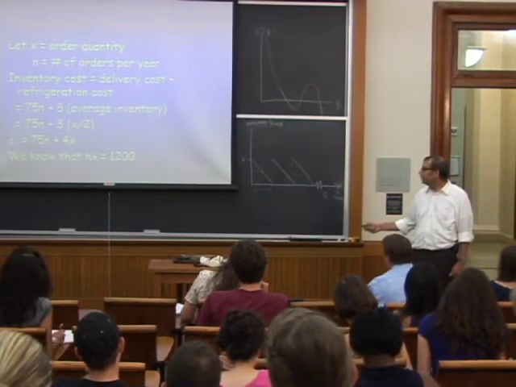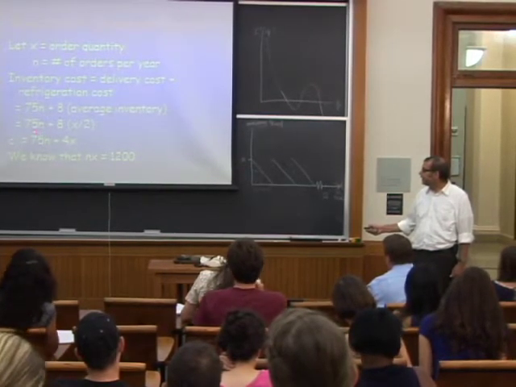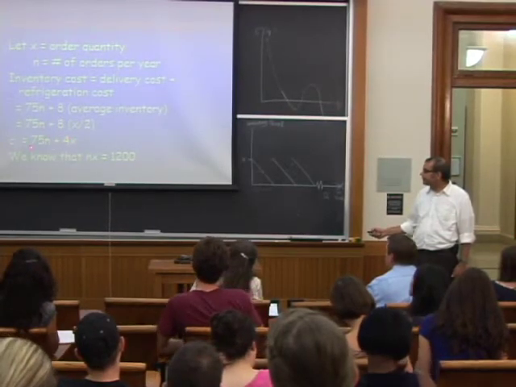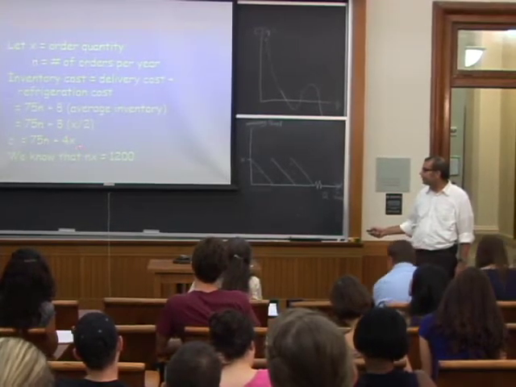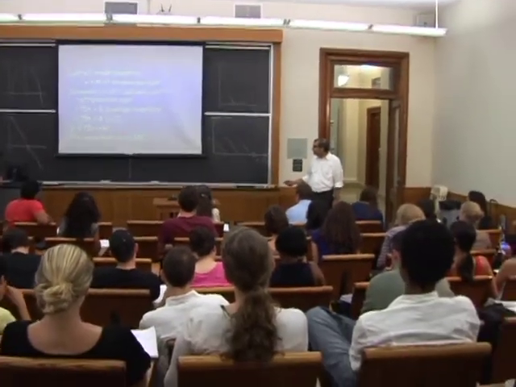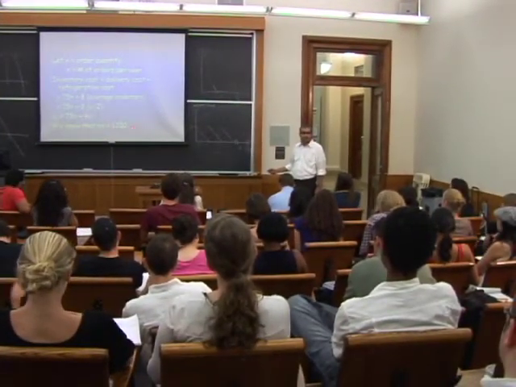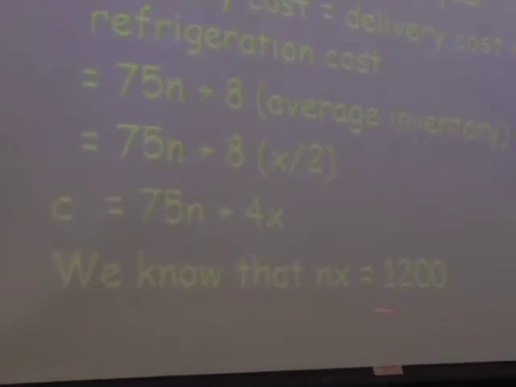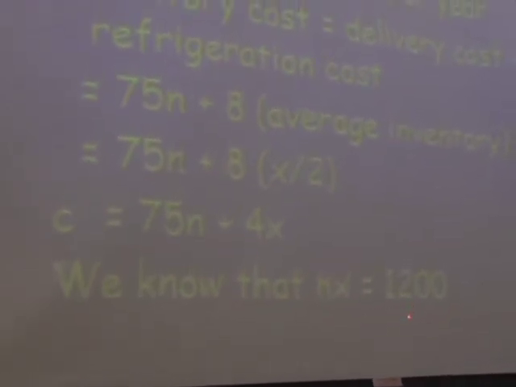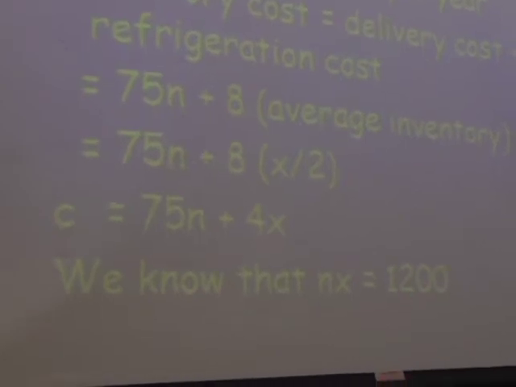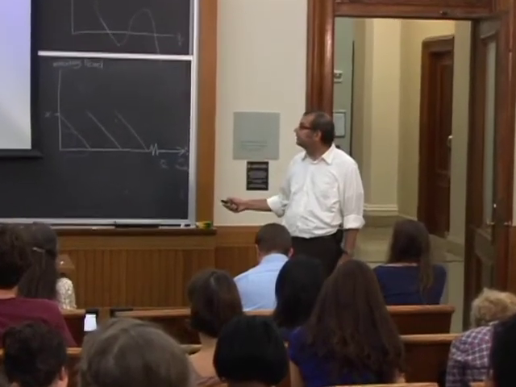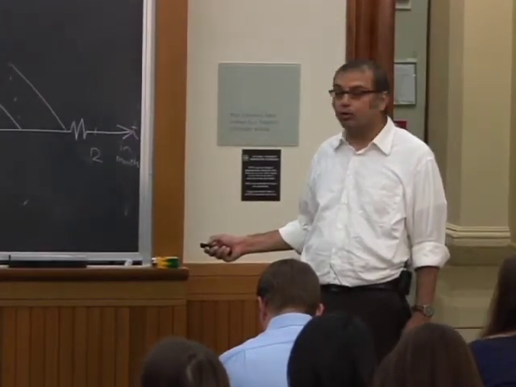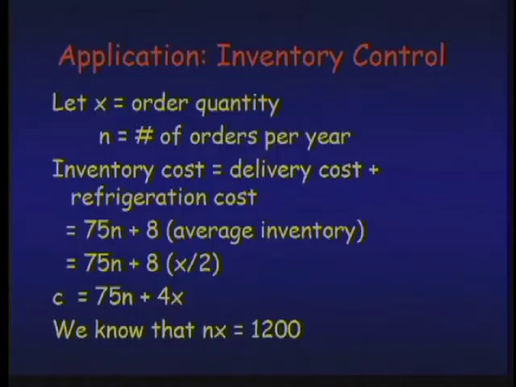Okay. So here's the expression for annual cost. And here is a constraint that we know. We know that total demand is equal to 1,200. So we know that n times x has to equal that. Okay, well, you can actually solve for n or x and substitute in here.